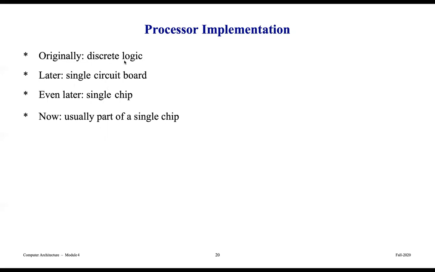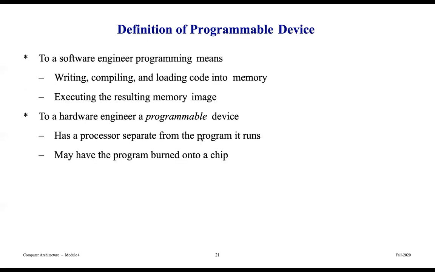The discrete logic in the very beginning wasn't even just using transistors. They were using vacuum tubes, and then there was a big transition to transistors, which led to digital logic in a more reliable fashion. So that's just another aside to be thinking about.